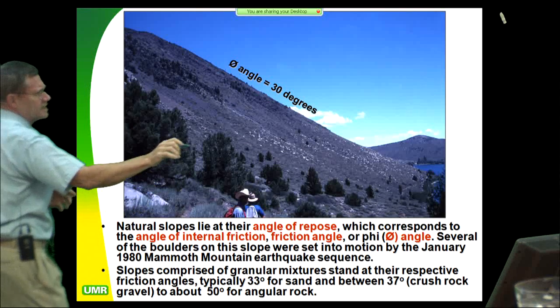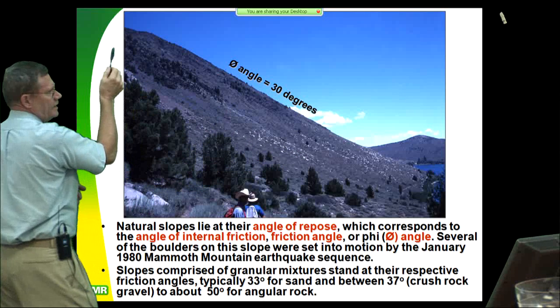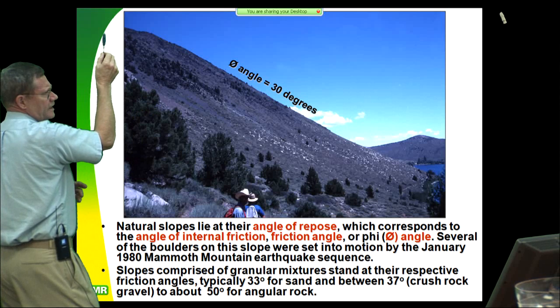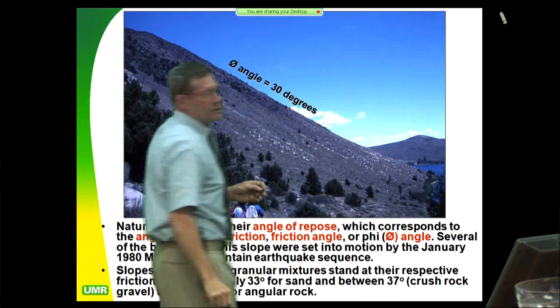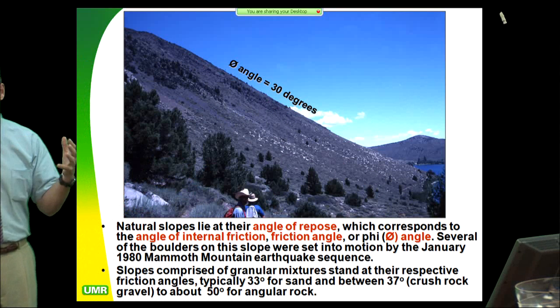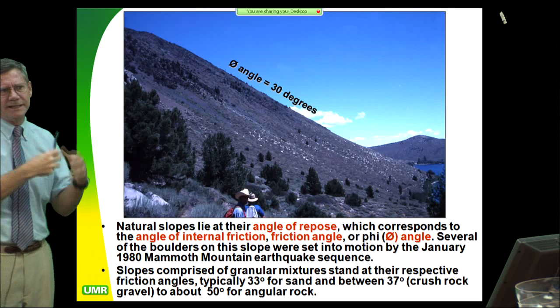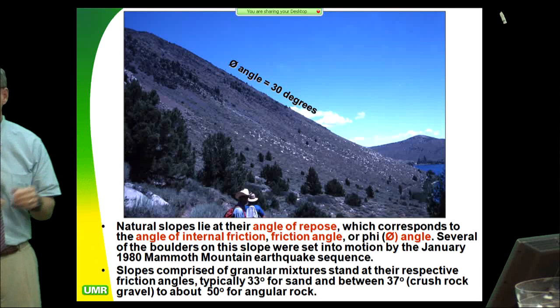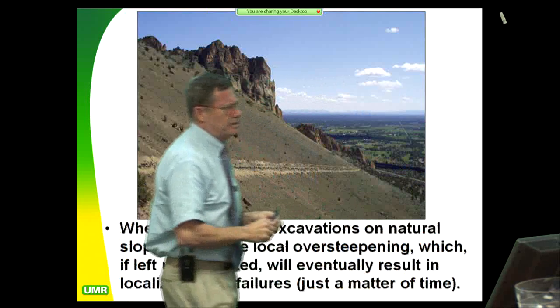So some of these blocks, when they did detailed analysis of them and came all the way back up, started out at 100 tons, and by the time they got all the way down to the lake, they were down to 2, 1, half a ton. They'd actually lost like 90% of their mass in the tumbling down and breaking apart due to induced tension as they go down the slope. So that's the simplest block kinematics.